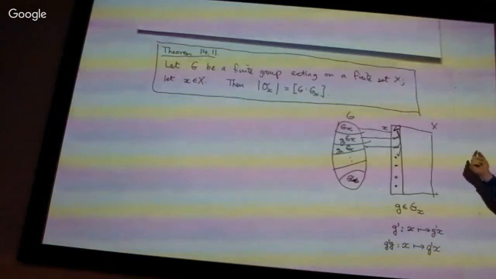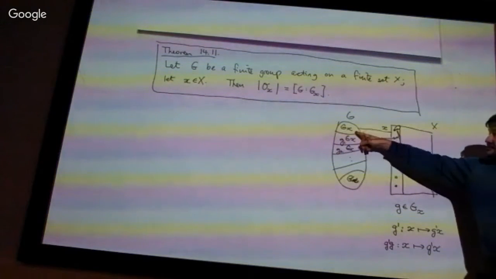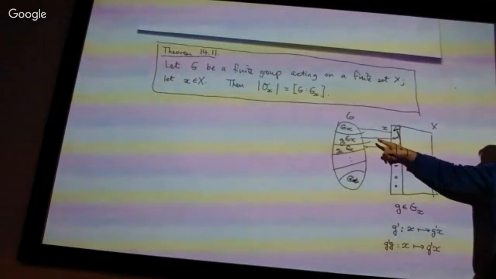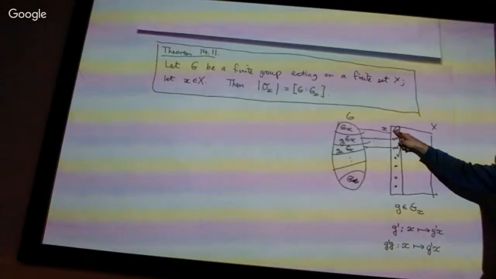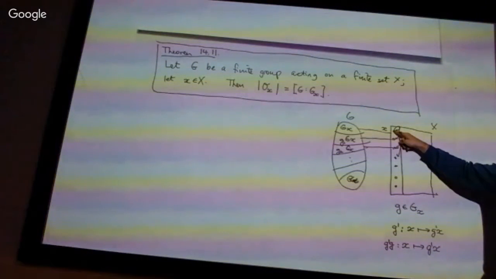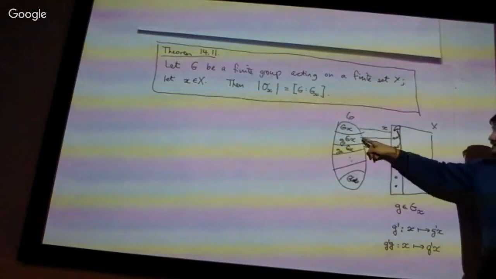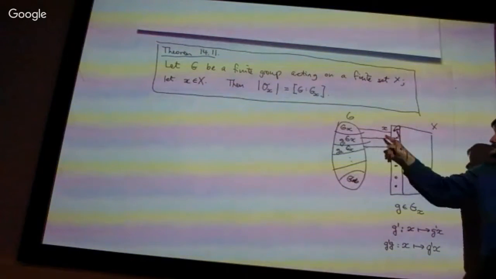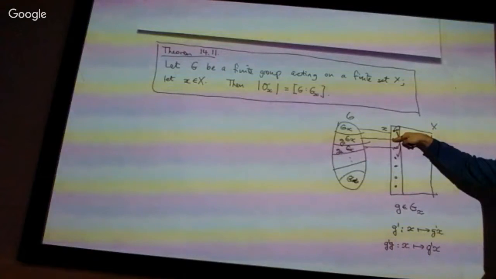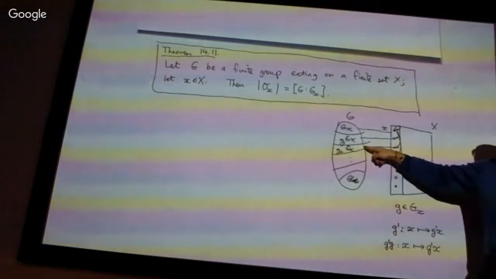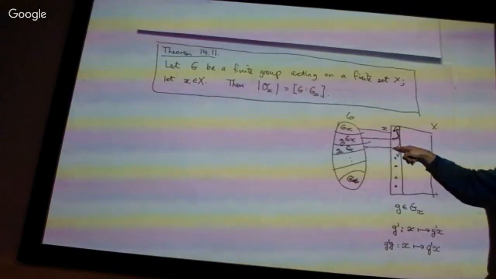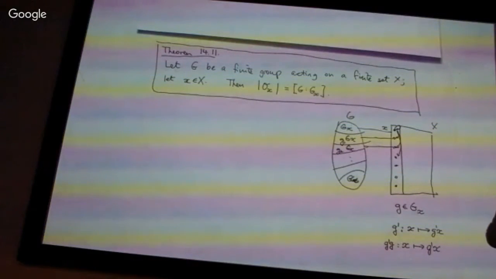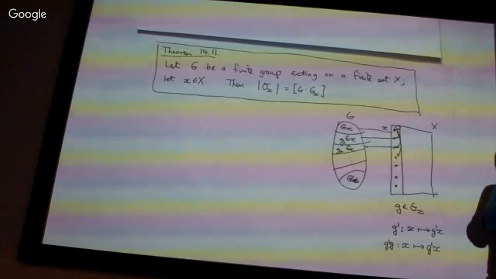Gx is the subgroup, all the elements of G that leave x alone. And then another coset is all the elements of G that move x away, and then there's another coset, and that's all the elements of G that move x somewhere else. This is the idea. And that's all I've got.